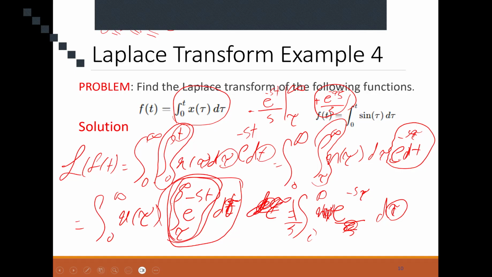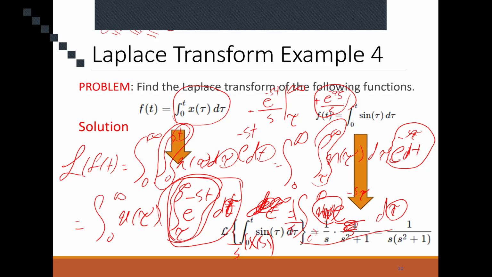Correct? So this is another Laplace. It's the Laplace of x of tau. So it's going to be 1 over s times X of s. Does that make sense? Is it clear?